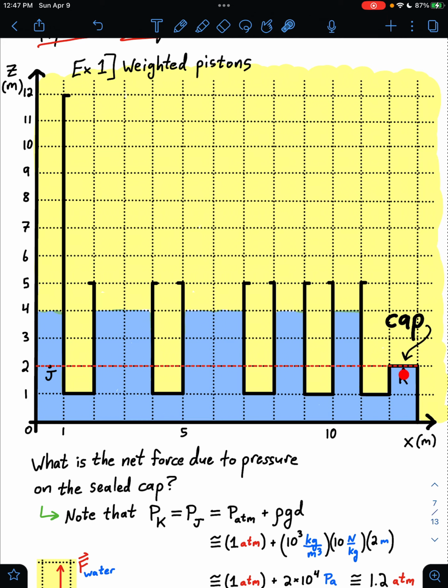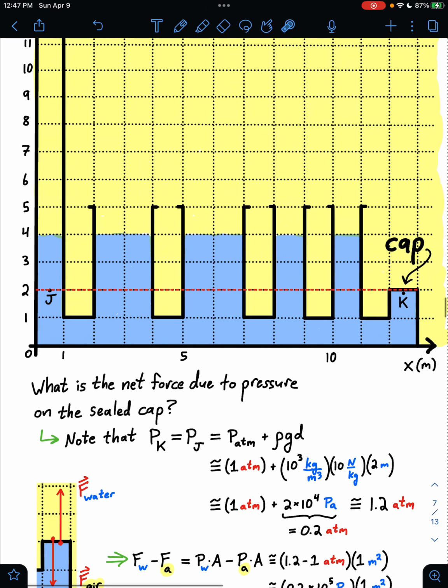So we'll work out the water pressure underneath the cap at K by working out the pressure over here at J, and we'll know that they are the same. The pressure at J we can work out by knowing that it is 2 meters deep into the water. So the pressure at K equals the pressure at J. The pressure at J equals the atmospheric pressure above plus this rho g d term, where d is the depth of 2 meters.